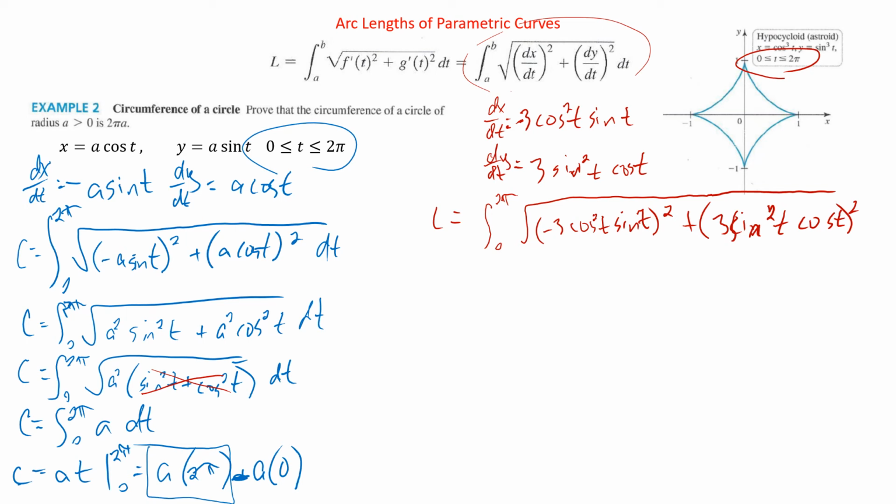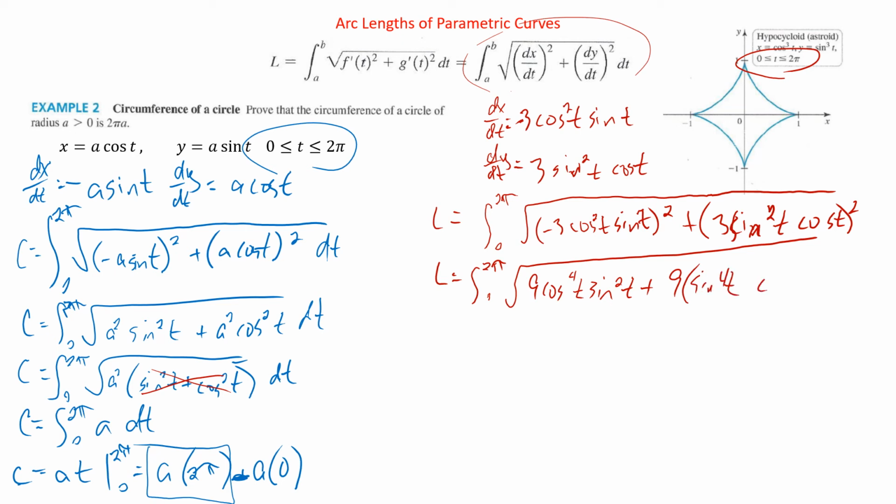We can square each of the things, giving us a square root. It'll be 9 cosine to the 4th t sine squared t plus 9 sine to the 4th t cosine squared t.